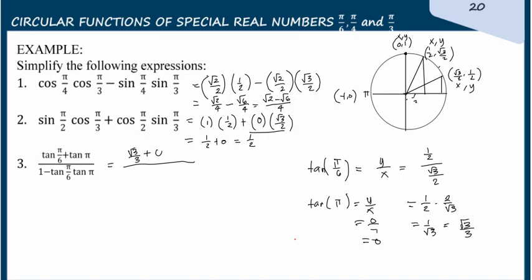So, this is gonna be 0. 1 minus tangent pi over x is gonna be still square root of 3 over 3 times tangent pi, which is gonna be 0. So, it would give you square root of 3 over 3. 1 minus 0, which would give you square root of 3 over 3 divided by 1, which would give you square root of 3 over 3. So, our value for this expression would be square root of 3 over 3.